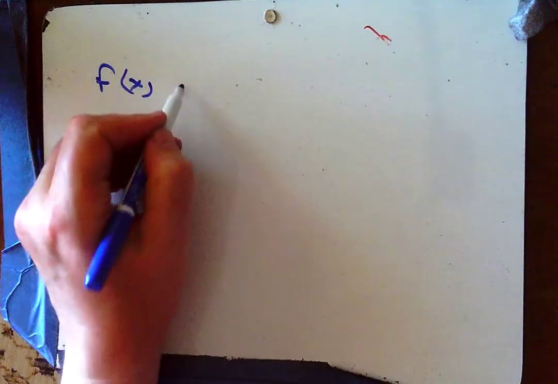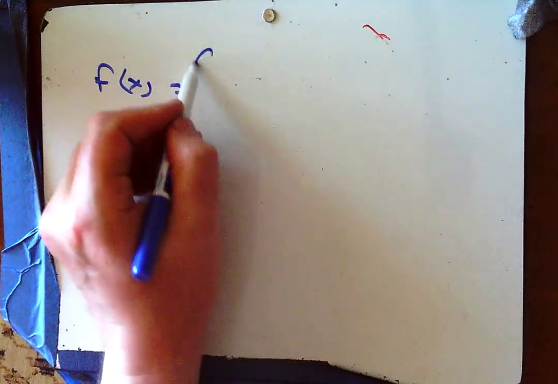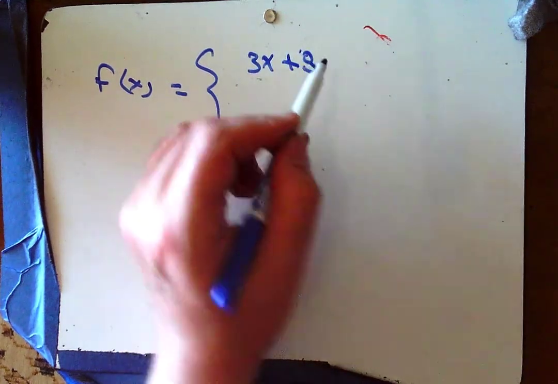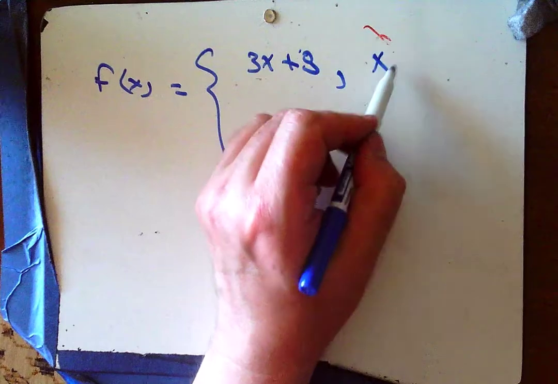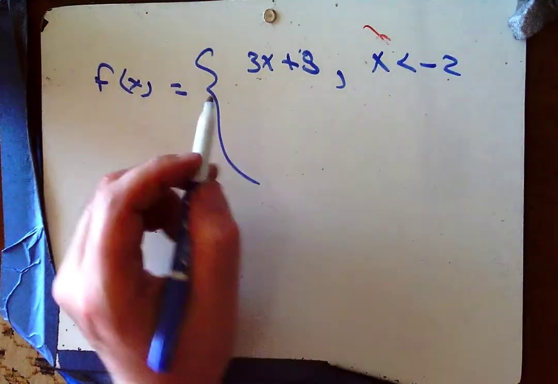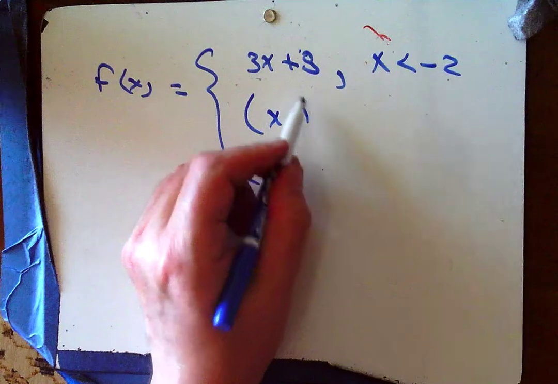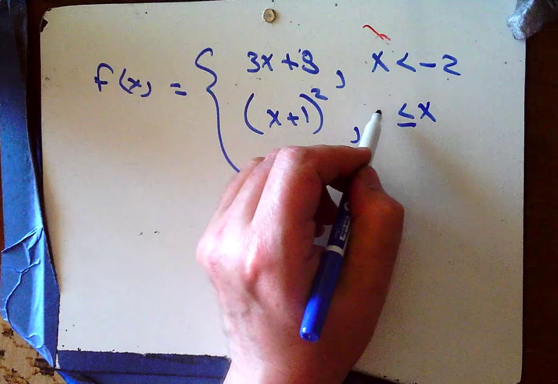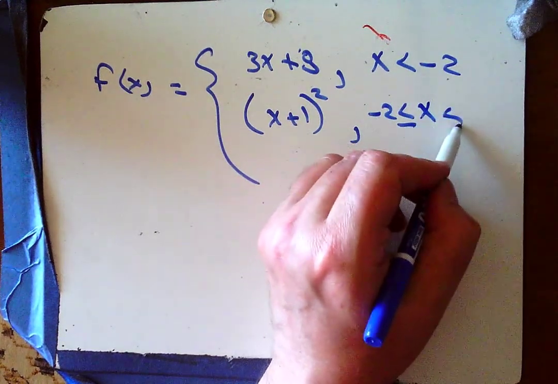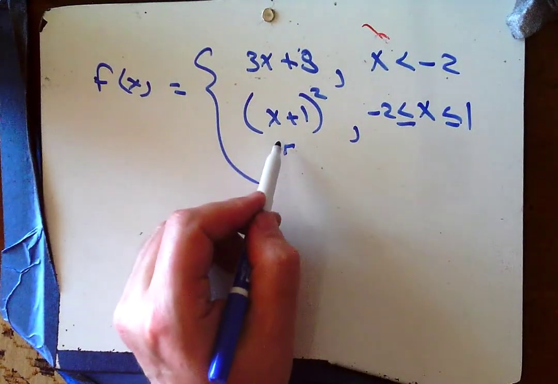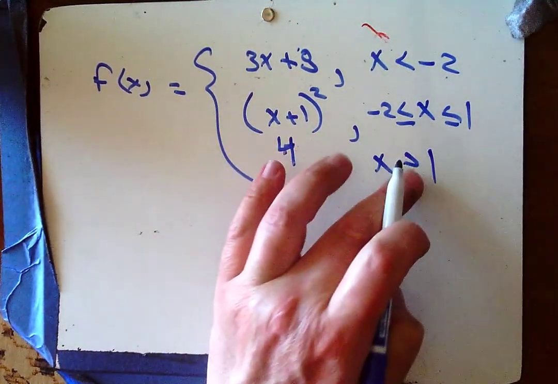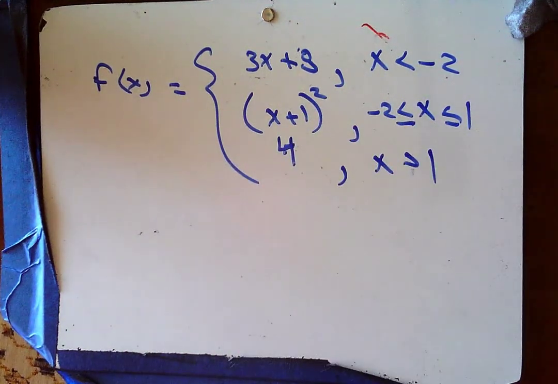F of x equals 3x plus 8 for x less than negative 2, x plus 1 squared for x's between negative 2 and 1, and the number 4 for x greater than or equal to 1. Oh, greater than. Can't have that. Oops. 4.